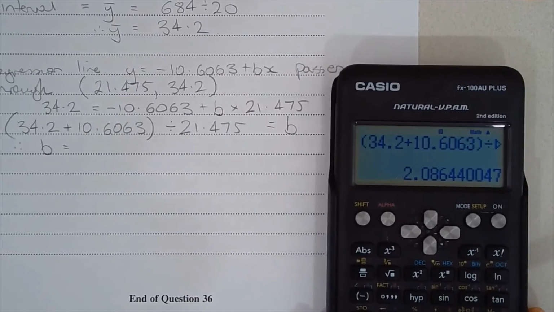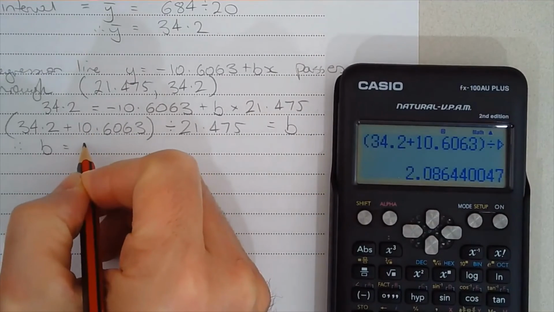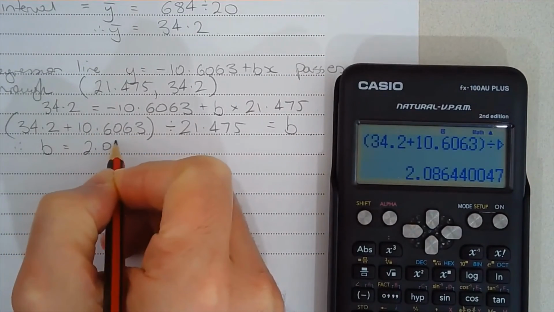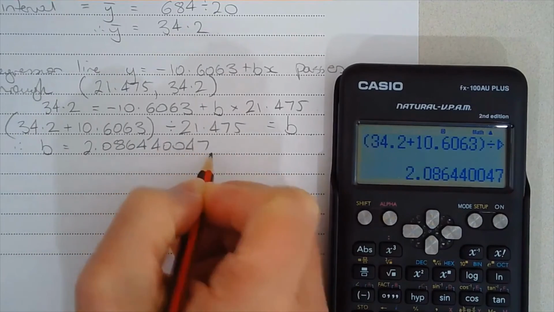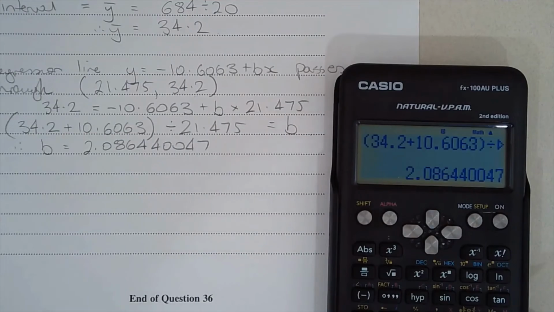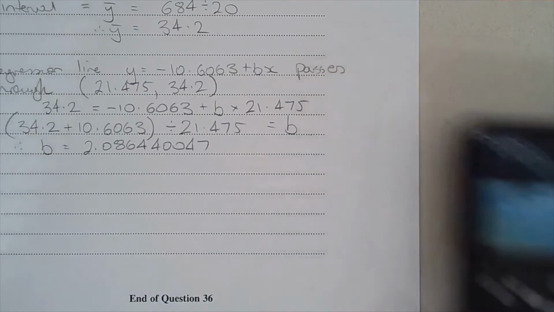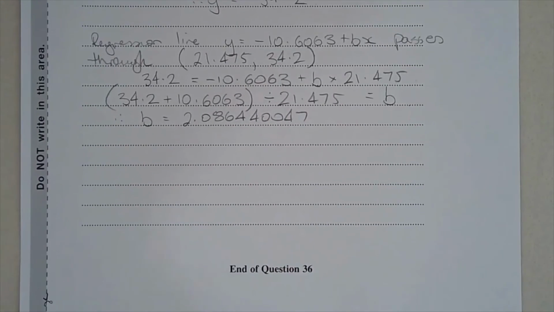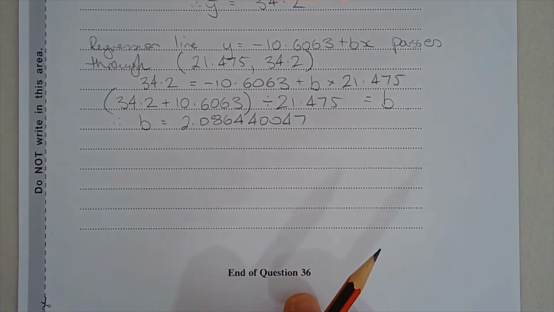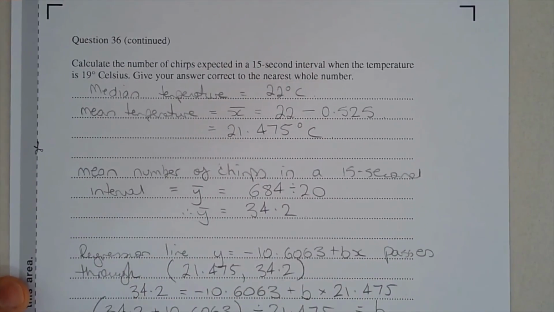I might just write the whole answer there rather than rounding it too early: 2.08644047. Now that we have the gradient of the line, we can use this to answer the question. We want to calculate the number of chirps in a 15-second interval when the temperature is 19 degrees.